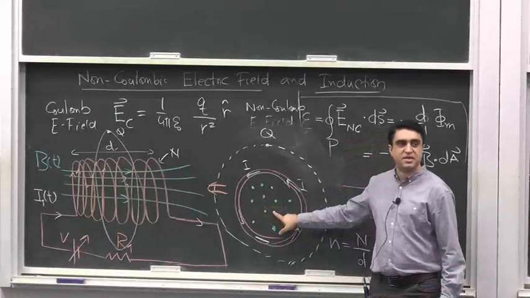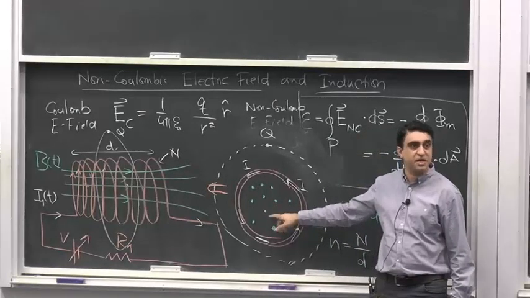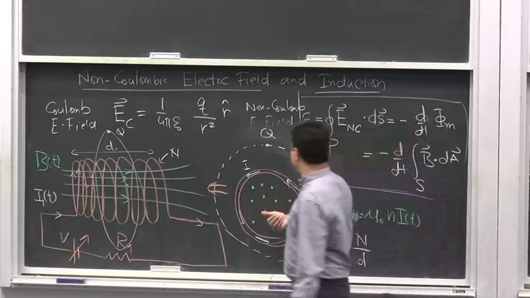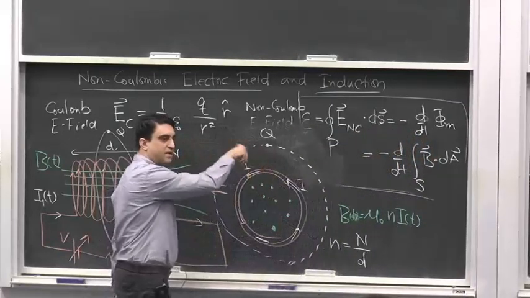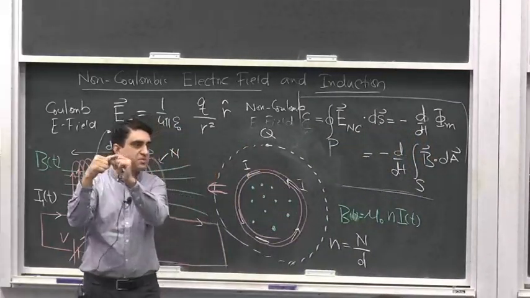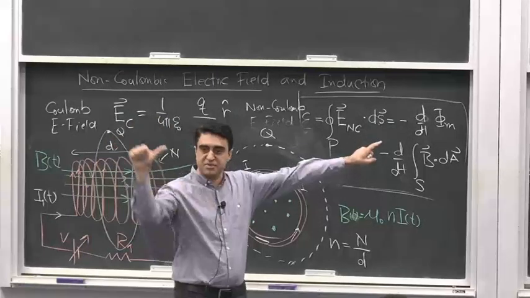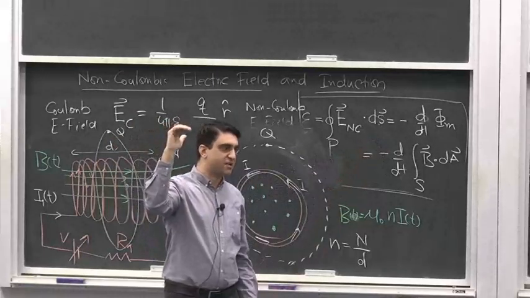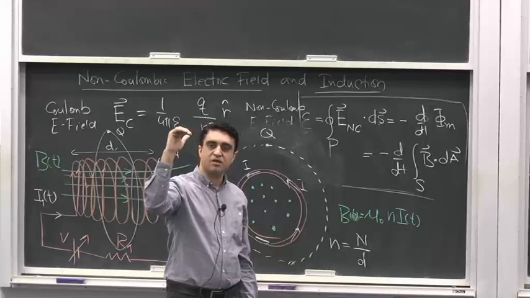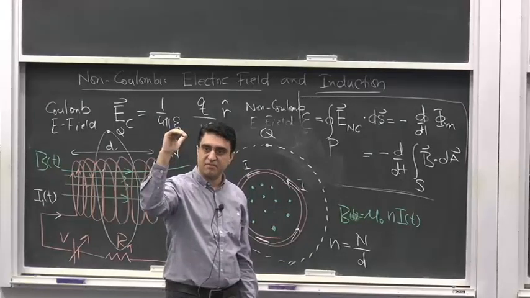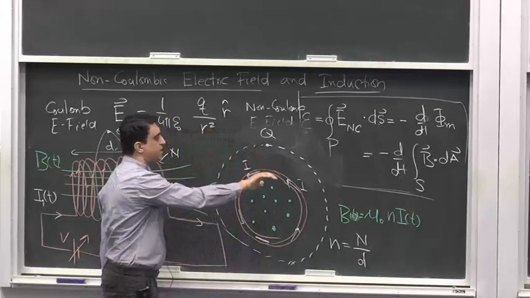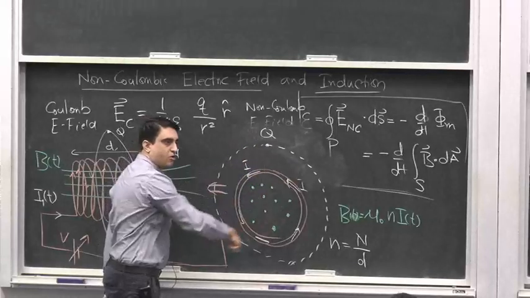So what would be the direction of minus dV by dt? It would be into the board, and then by the right hand rule, if your thumb gives you the direction of minus dV by dt, the fingers would give you the direction of the non-Coulombic electric field. So the non-Coulombic electric field is in the clockwise direction.